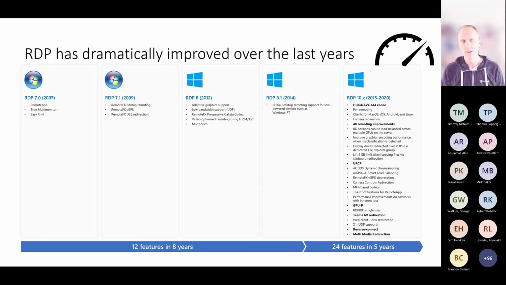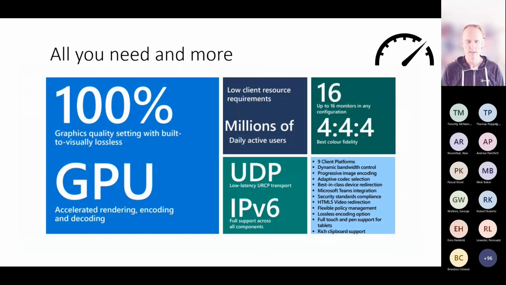And my goal here is not to go over every single bullet, but the key takeaway is that RDP has improved so much, right, that it serves a lot of use cases, right? I'm not going to stand here and tell you that it will work for every single deployment type that you will have, but it's so much more capable than most people think, that it's definitely worth calling out.